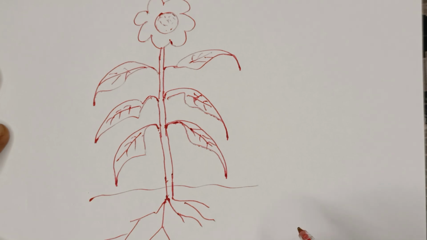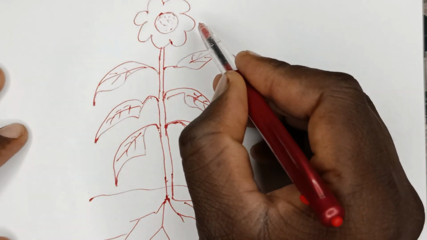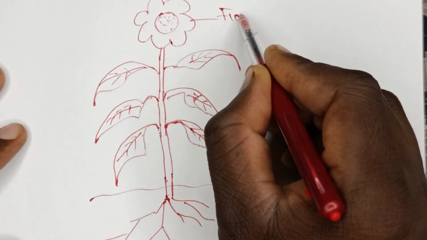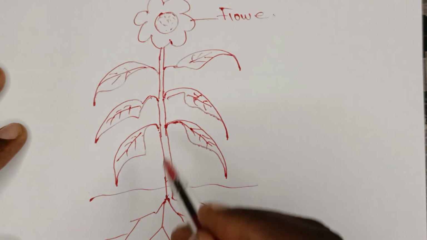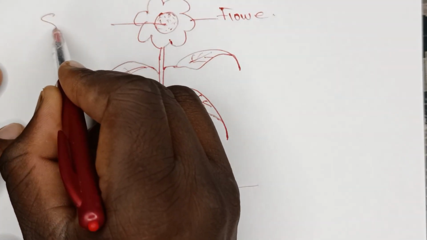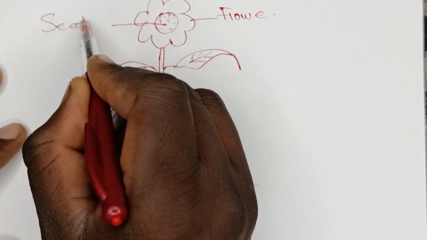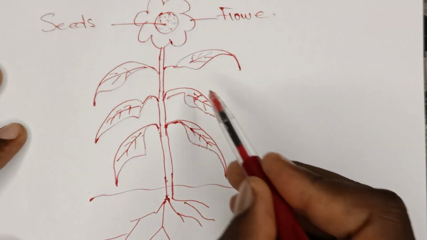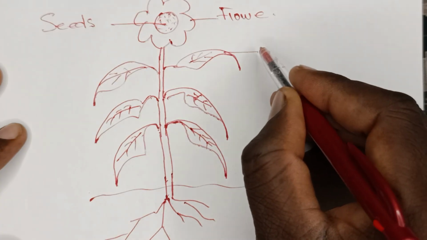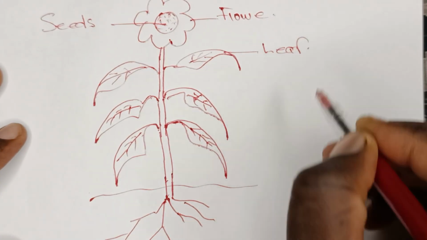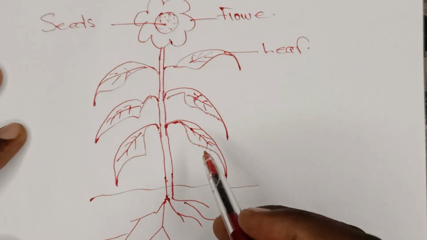So can we now label our structure? We said this is a flower, and in the flower, these are seeds. Then we said these are leaves. So this is a leaf because it's one leaf.